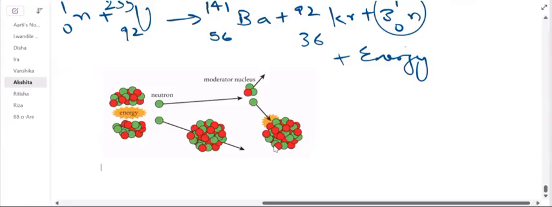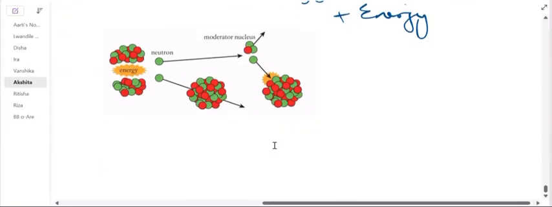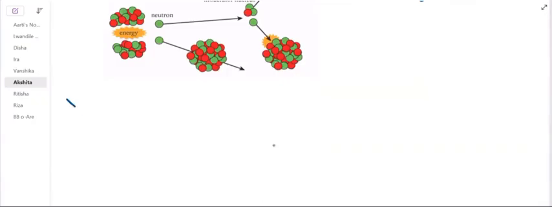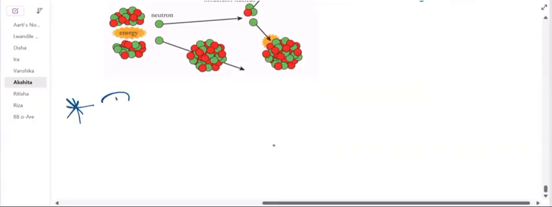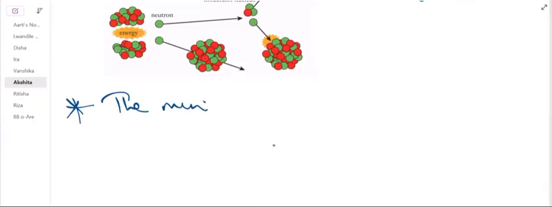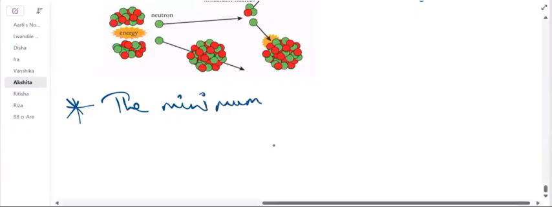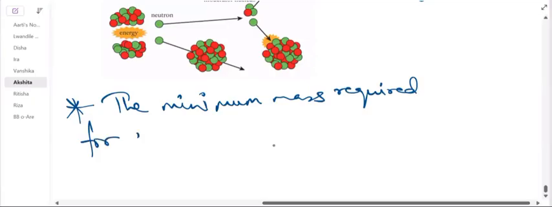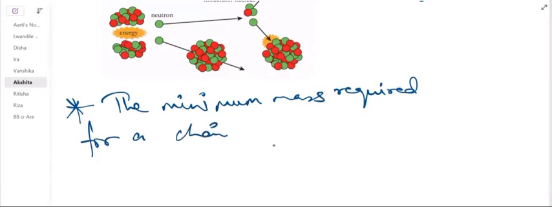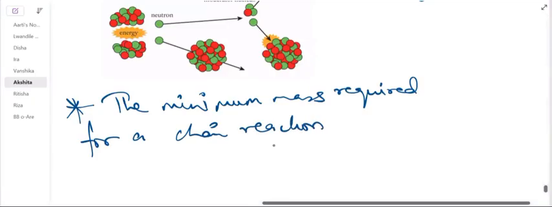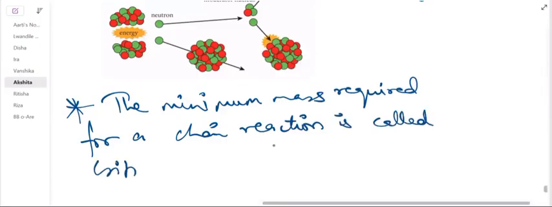We collide the neutrons with the other atoms to slow them down, as per the nuclear fission reaction, Akshita. So we make them that much mass that they should collide with the uranium atom. The minimum mass required for a chain reaction is called critical mass.